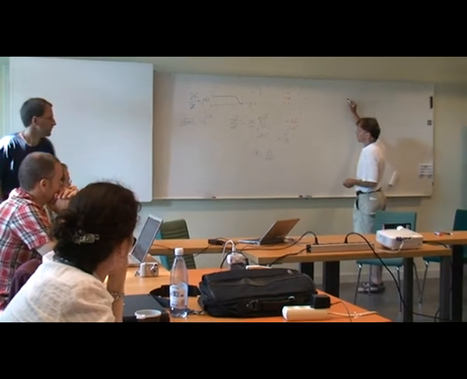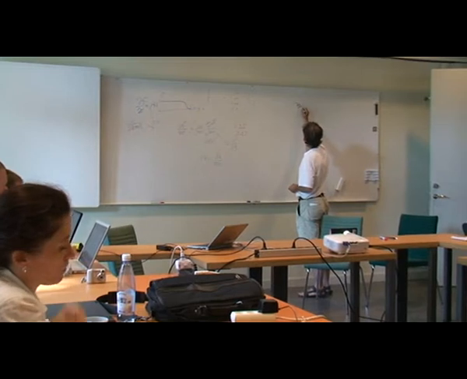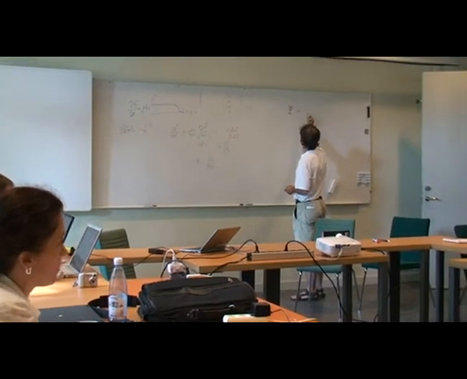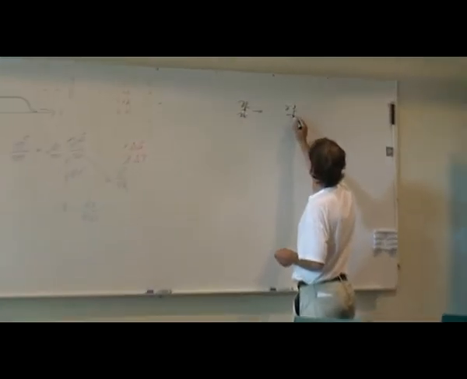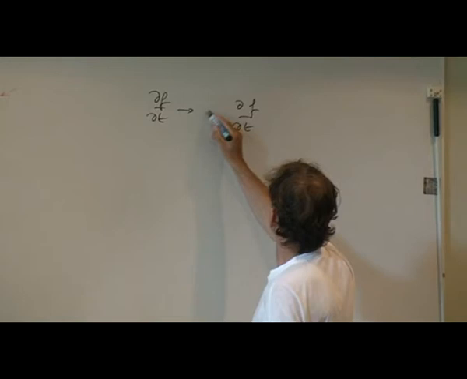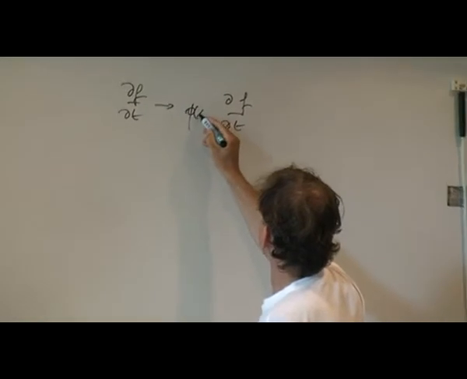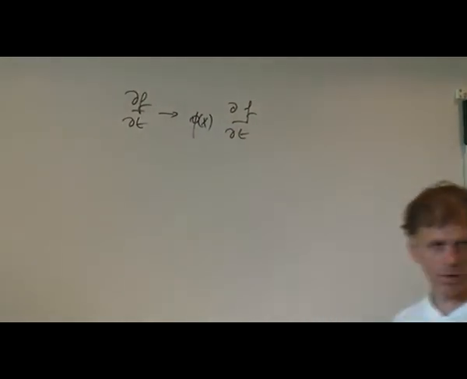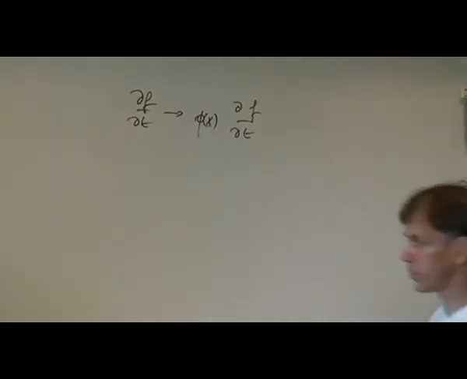The first way was to say the df by dt is being replaced by the df by dt times a phi of x. Phi of x maps out the boundary position.